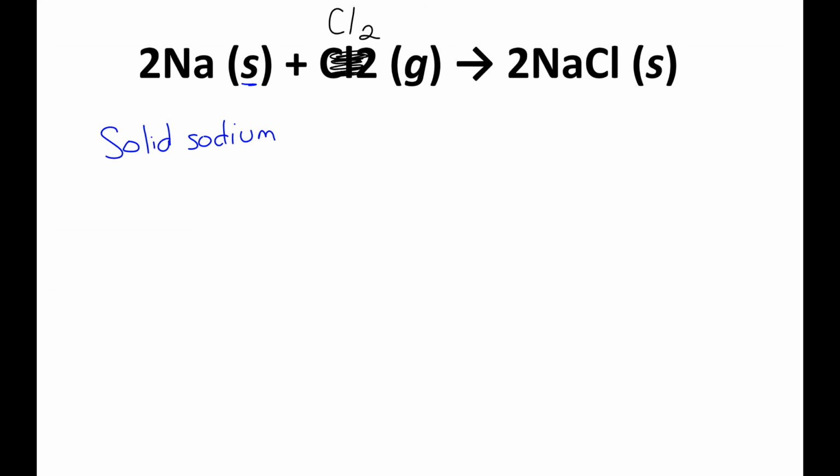We're just describing what's going on in the chemical reaction. We can't see the atoms of sodium, so we don't need to write 2 atoms of solid sodium. We just write solid sodium plus, or you can write reacts with, plus chlorine gas. Reacts with is another way you'll see it stated.